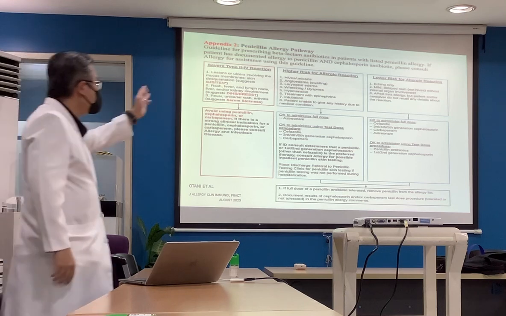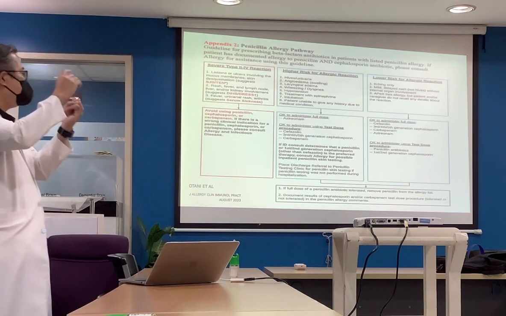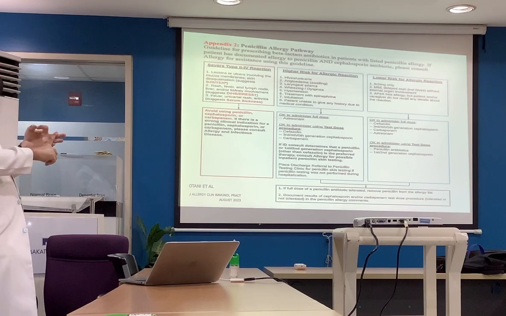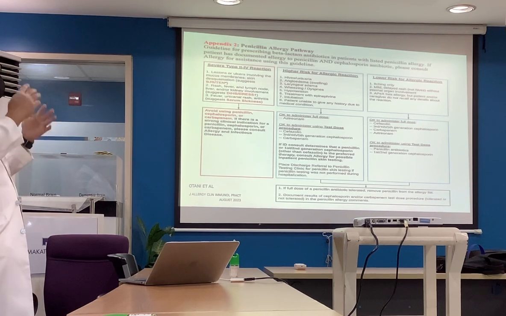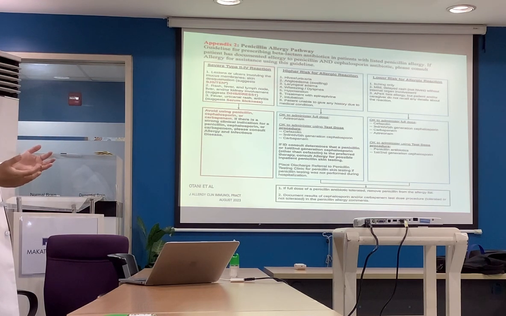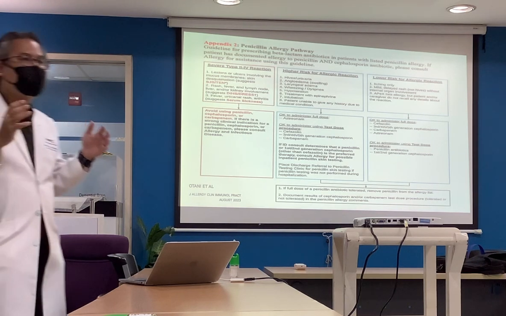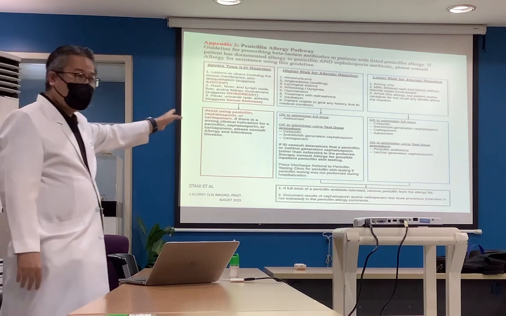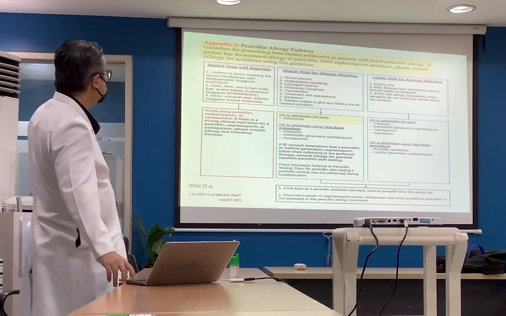Okay, but ito, so yung sa gitna, how about if hives, angioedema, swelling, laryngeal edema, wheezing, dyspnea, hypotension, needed epinephrine, na-intubate, okay, so that's clinically significant. So it's okay to, dun yung role ng Aztreonam, okay?